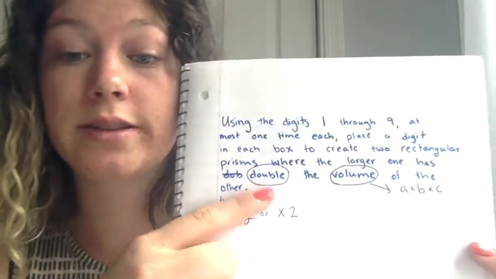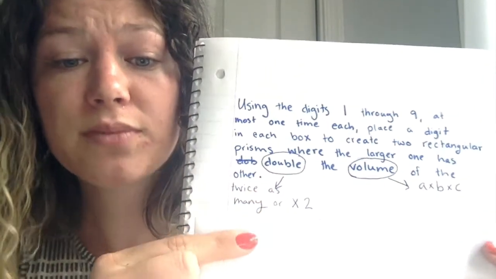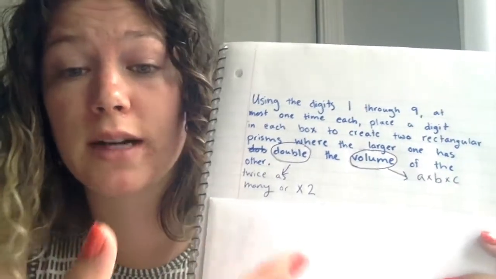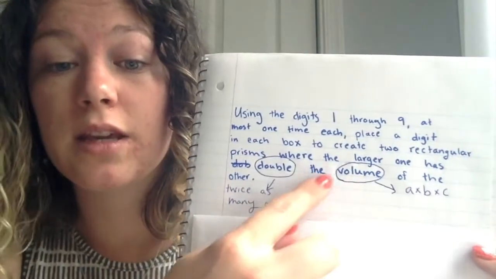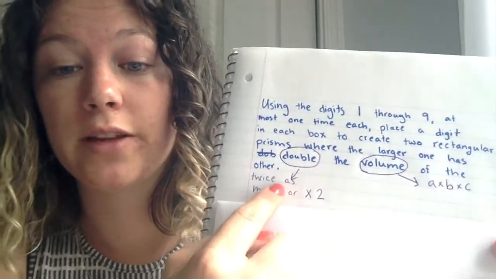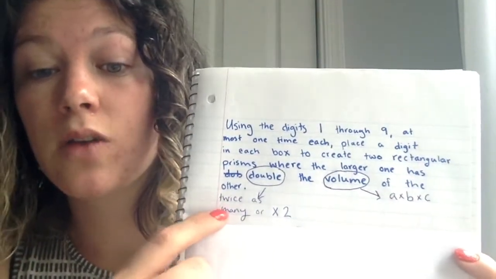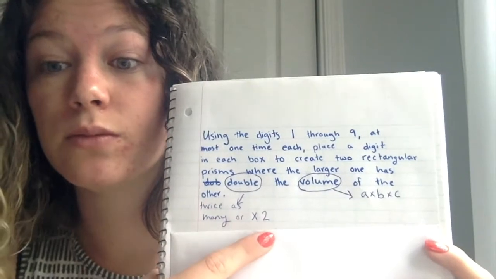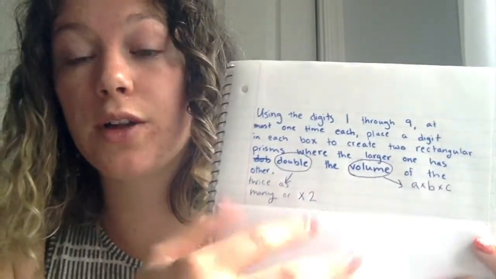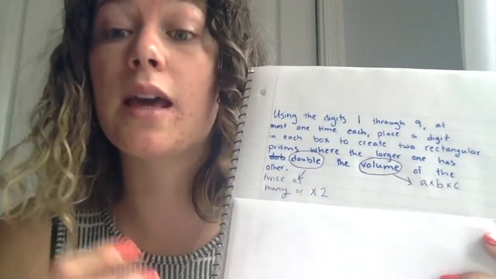And then double. I thought that was a super important word because that's how we're going to know if it's correct or not, is that the larger one has double the volume of the other. So when I hear the word double, I think twice as many, or I could think times 2. So if I multiplied the volume of my smaller shape times 2, I would get my larger shape.